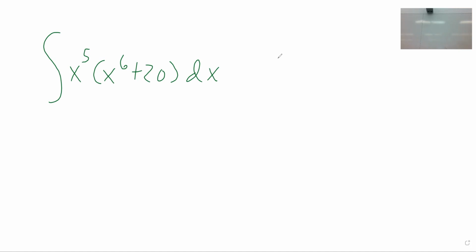Anybody want to take a stab at how we would go about this? Okay. So talk to me real quick. I think we want to grab this U. So U equals x to the 6th plus 20. Now, why did you choose that?